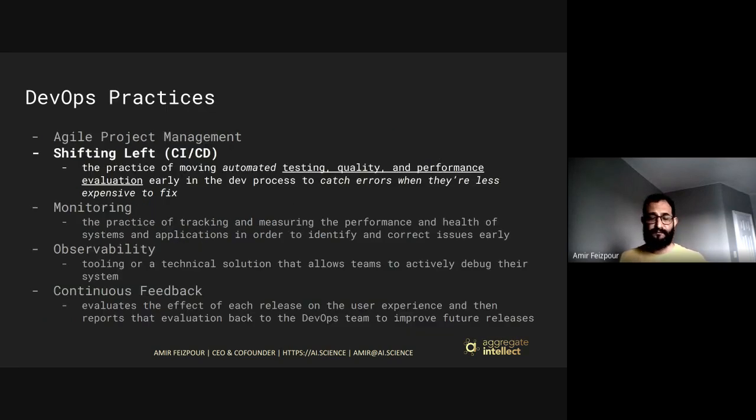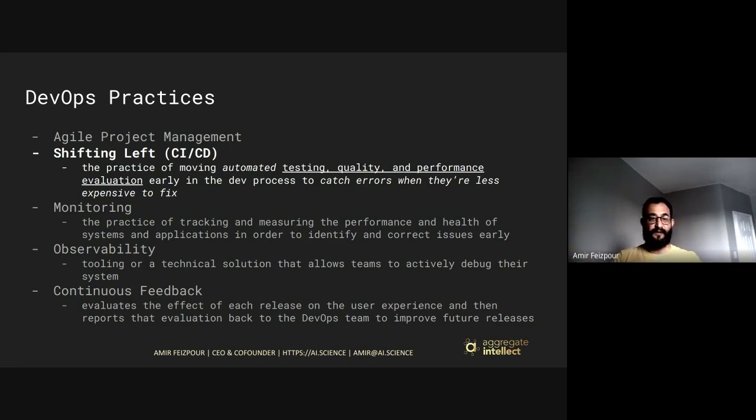Of all the practices around DevOps, I'm interested in what we call shifting left, or CI/CD. Usually when we are building software, we start at the beginning where we sit down and plan, then we build, and then we get to the annoying parts of testing, quality assurance, and performance.